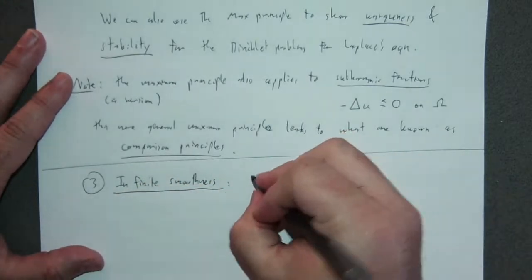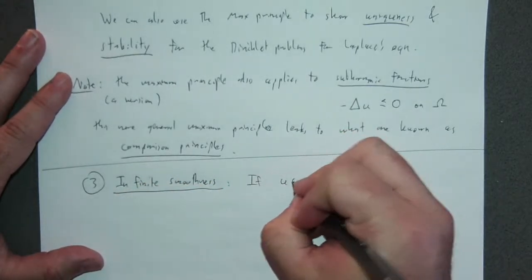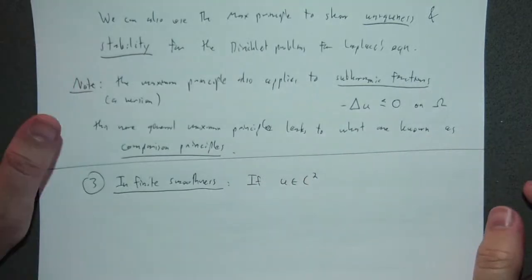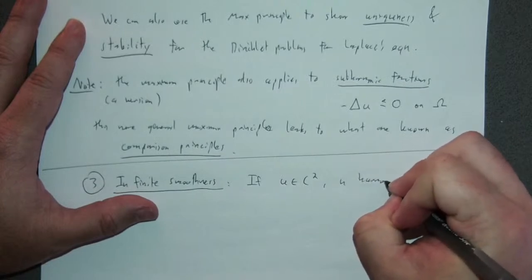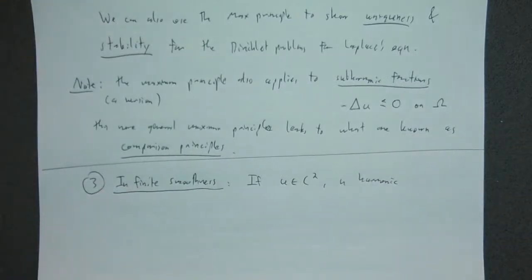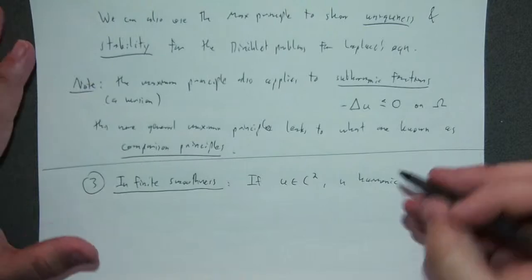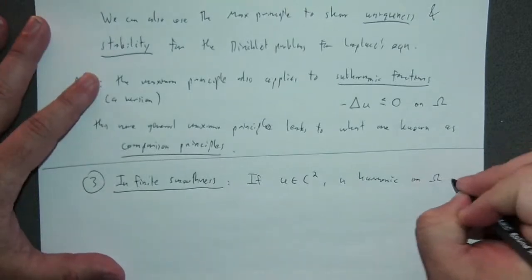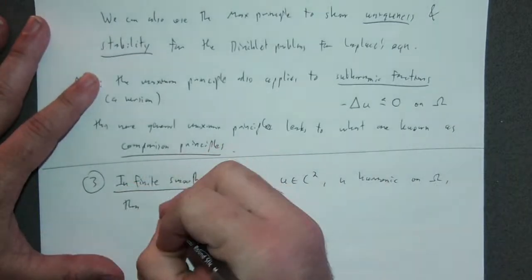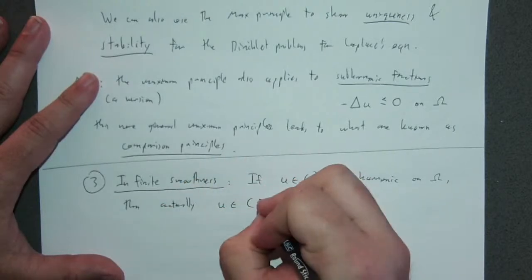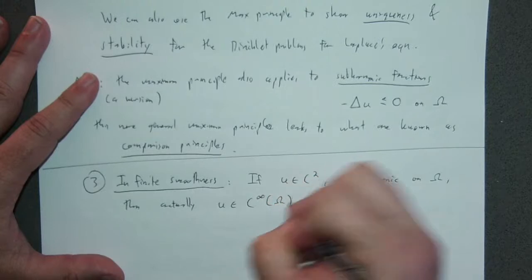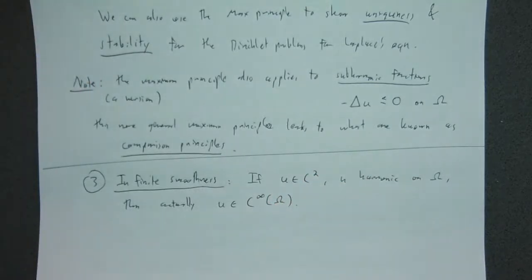So if u is C2 and u is harmonic on omega, we can say, if we want to, then actually u is C infinity on omega.